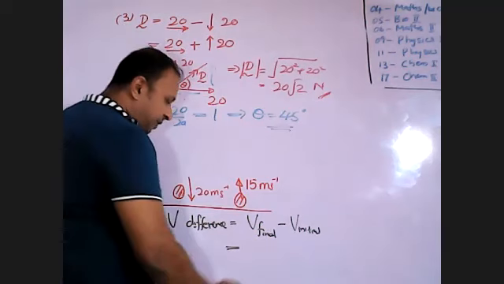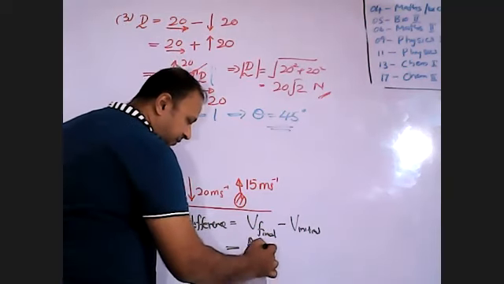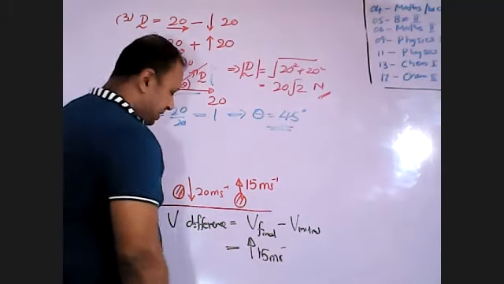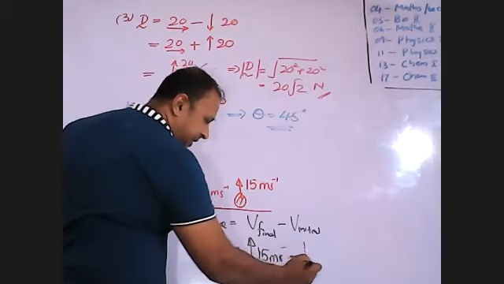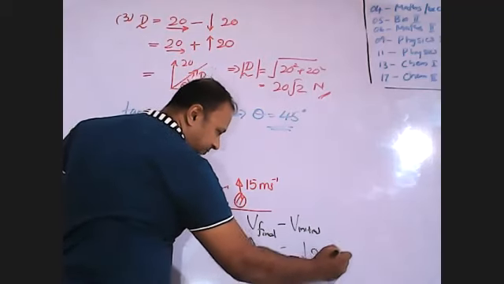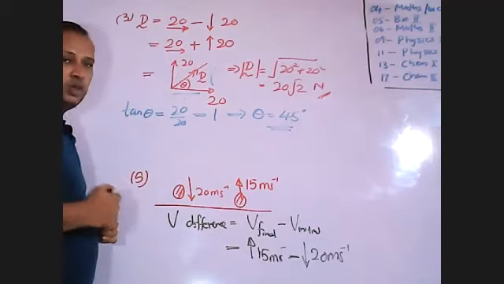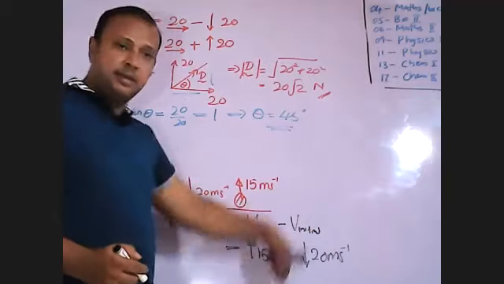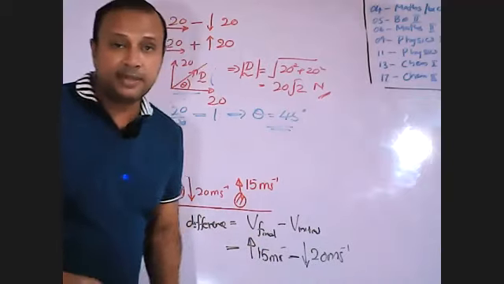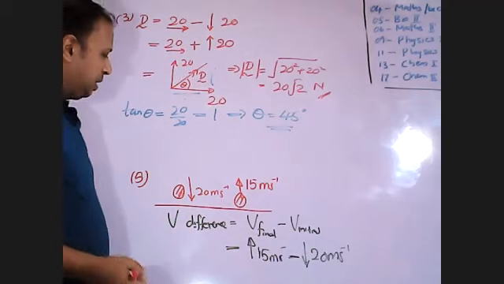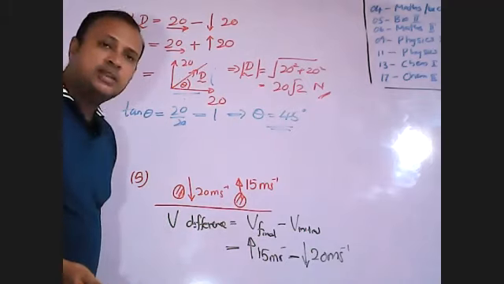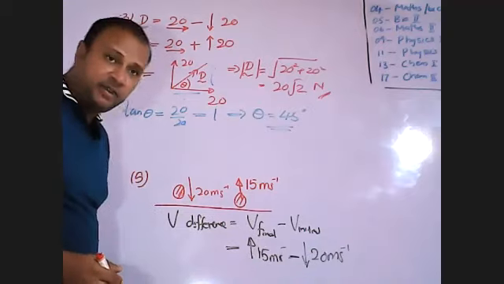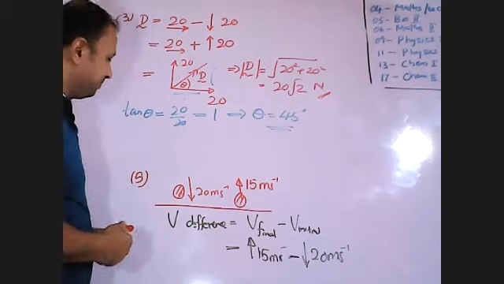Now the final value is 15 m s^-1 in the upward direction. The initial value is 20 m s^-1 in the downward direction. If you want to subtract these two, you have to add the negative vector of the second vector to the first vector.